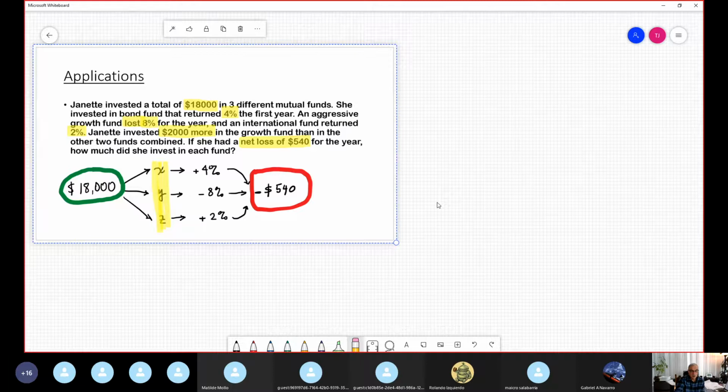She also invests in an aggressive growth fund with a loss, indicated by a negative percentage, 8%. And the international fund returned 2% positive.